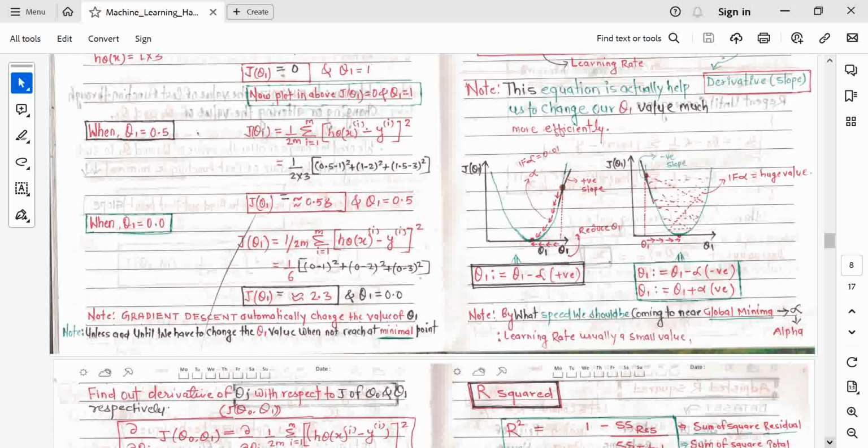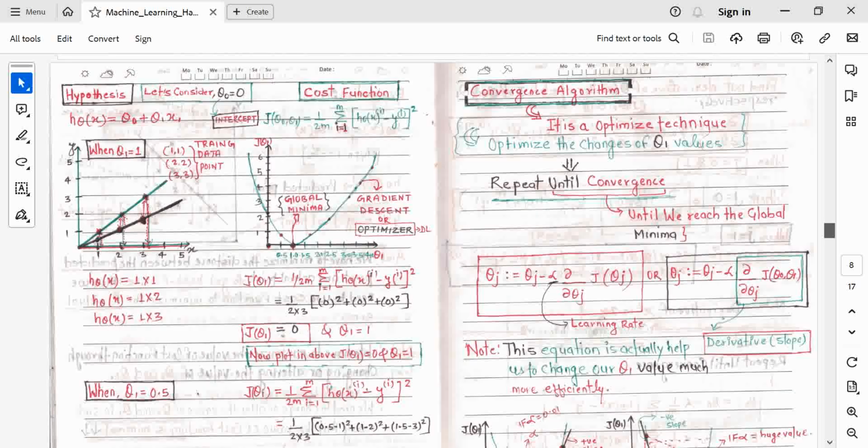If alpha has a huge value, then it will overshoot, and it will become the point where the minimum value will be, and it will become the best fit line. It means reduce theta 1 over here. Theta 1 equals theta 1 minus alpha times the derivative, which may be positive or negative. Note the speed at which we should come near the global minima. Alpha, the learning rate, is usually a small value.